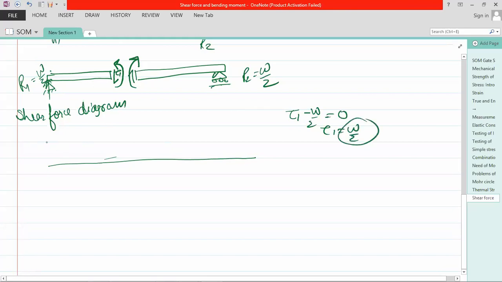At any point here, because the reaction is in the upward direction, a negative W by 2 force is acting to balance this part. So this W by 2 part is acting on the section, and it is constant along the whole length. Suppose I move from this end to any point, it is W by 2 constant. How? Suppose I move here also, here is W by 2. You have to take only one portion.